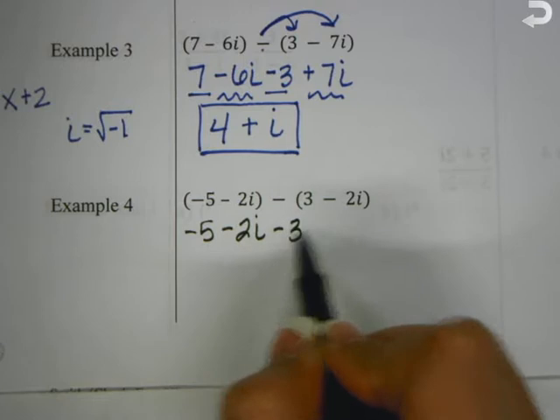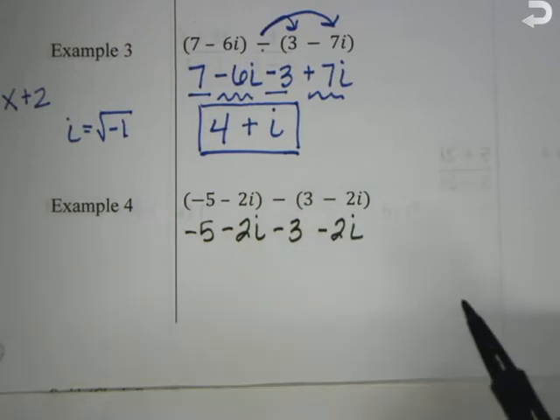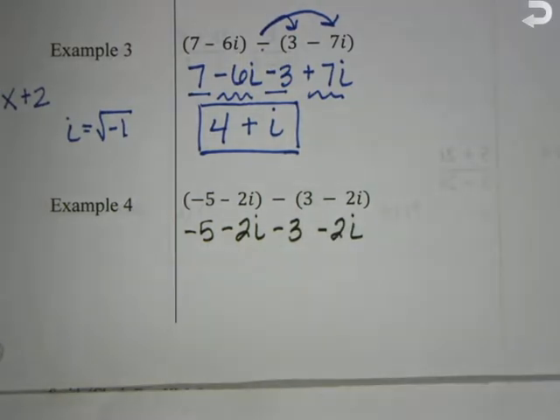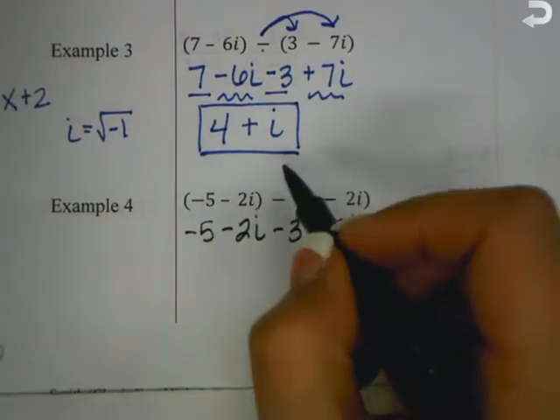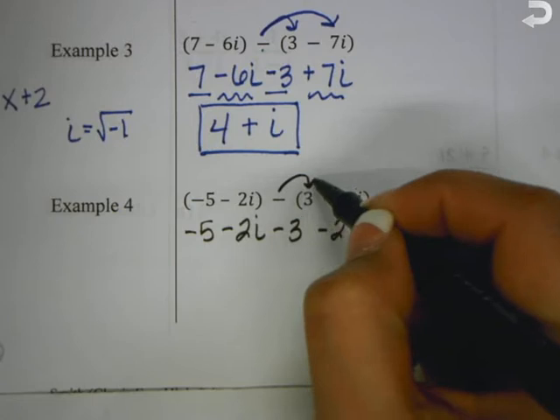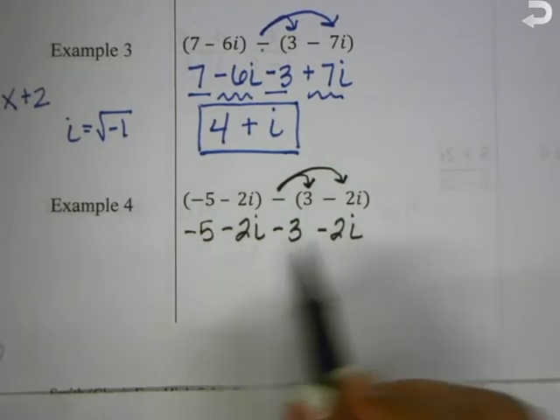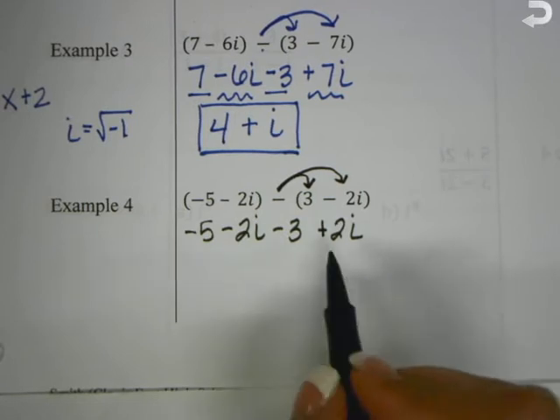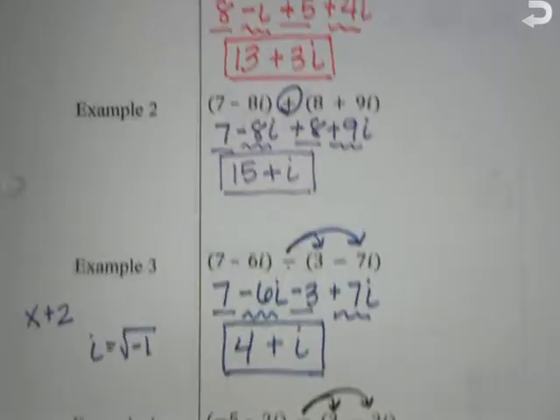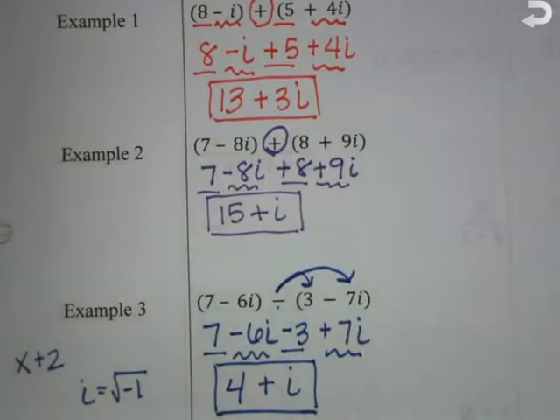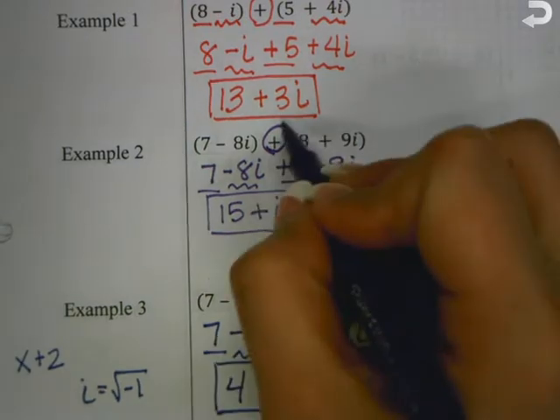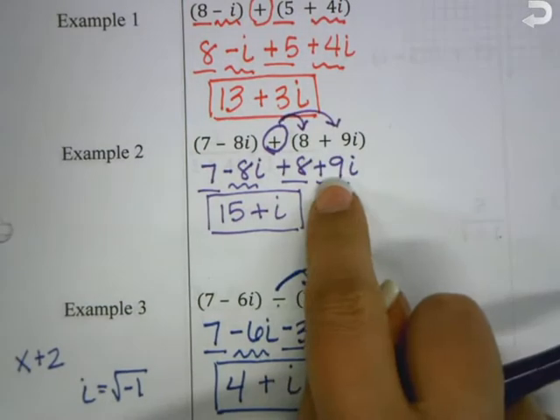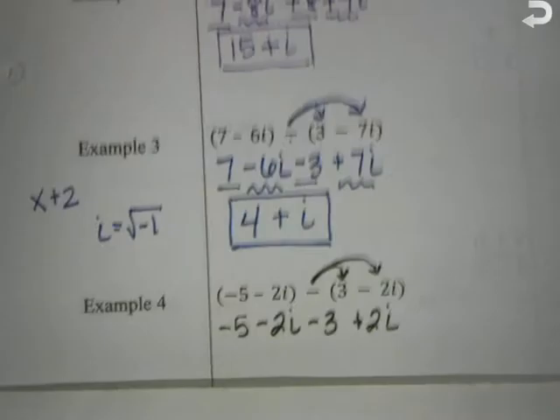Does everybody agree with that? Yes. Carlos, why don't you agree? Yeah, we have to distribute the negative. So that would make our 3 a negative, but that's going to make 2i what? A positive 2i. Okay? In the previous examples, when we're adding, we've really been distributing the positive also, but multiplying by a positive doesn't change the signs. Okay? But when we multiply by negative, we do have to. So we distribute the negative, and then we rewrite the whole thing.